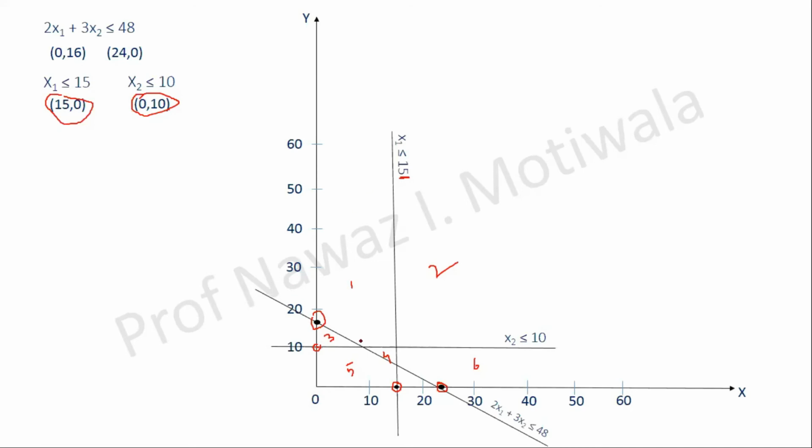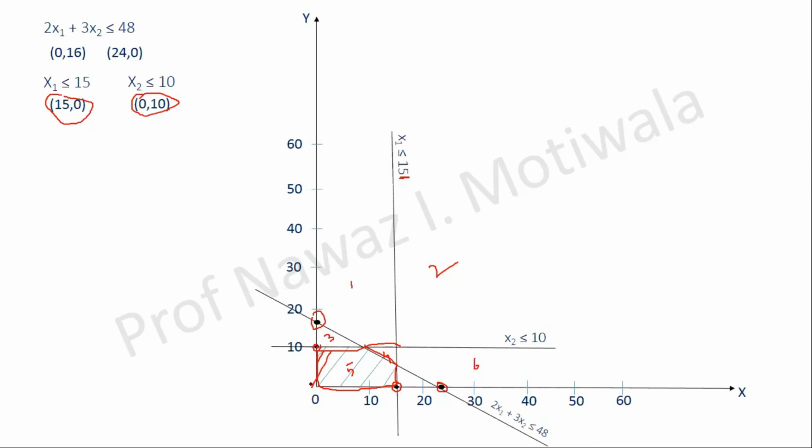Someone on the chat has also written region 5. So yes, they are correct. This is the region wherein all the constraints are satisfied, because if you see, it is below all the 3 lines. This is the feasible region. So I will shade that region and say that this is the feasible region.